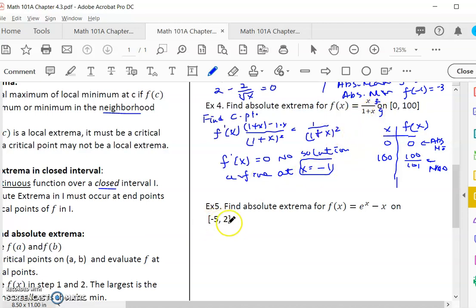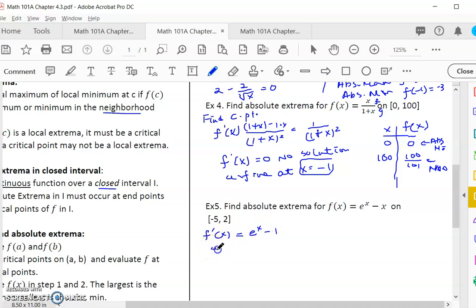Okay, the last one, find the absolute extrema for f of x equals e to the x minus x on -5, 2. Again, is this continuous? Yes, this is continuous. There's no discontinuity, and then -5 to 2 is a closed interval, so that should be fine. So first of all, find f prime of x because we want to find critical points. That would be e to the x minus 1, right?